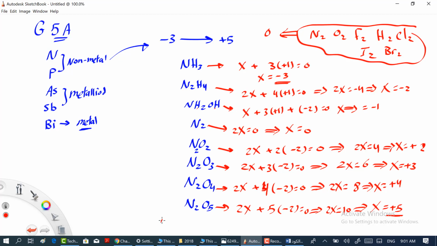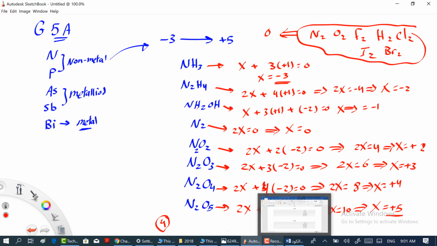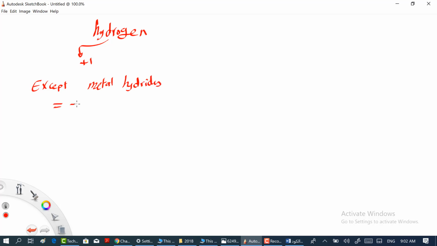Let's talk about the exceptions for hydrogen. The most common state for hydrogen is positive 1, except metal hydrides, which equal -1, like sodium hydride and calcium hydride.